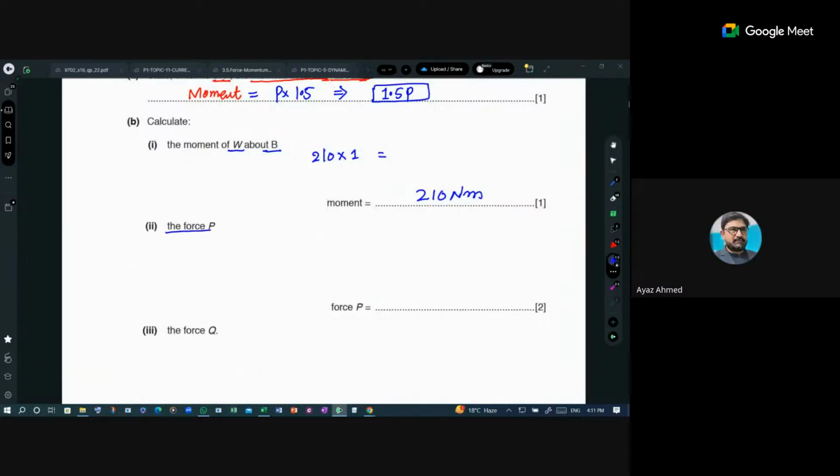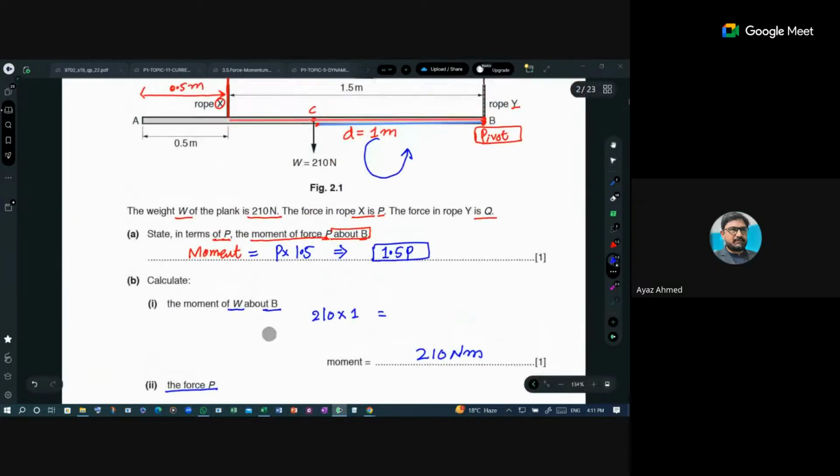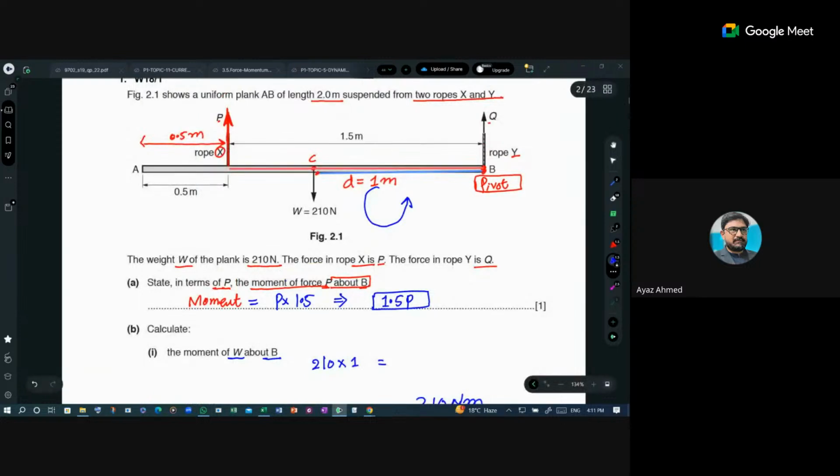Okay, now you are going to calculate force P. When we are going to calculate force P, actually we are supposed to equate the moments. So moment of force P, which is clockwise moment, and moment of W, they are equal. That's why this rod is in equilibrium, isn't it?